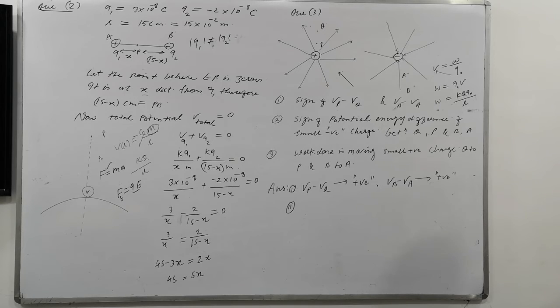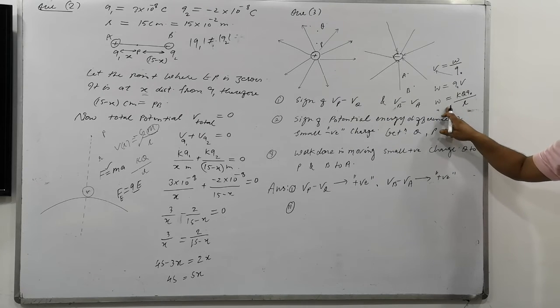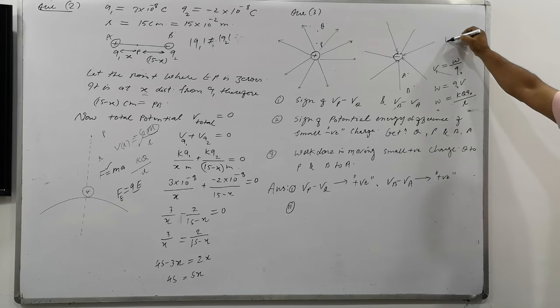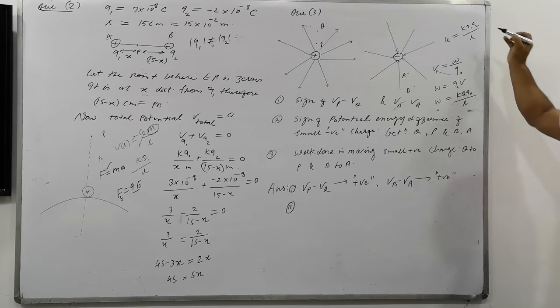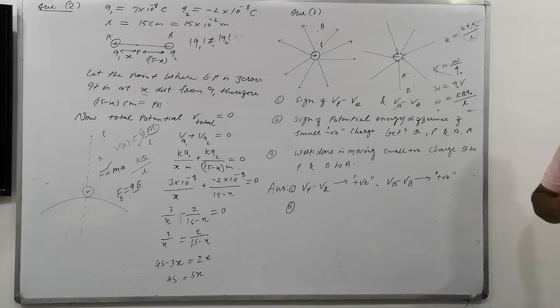And less negative is more positive than more negative. Is that clear now? This is numerically equal to the electrostatic potential. Sorry, potential energy. This can be given as U equals K Q1 Q2 divided by R. This is the formula for potential, and if you multiply the potential by the given charge, then it will be potential energy.